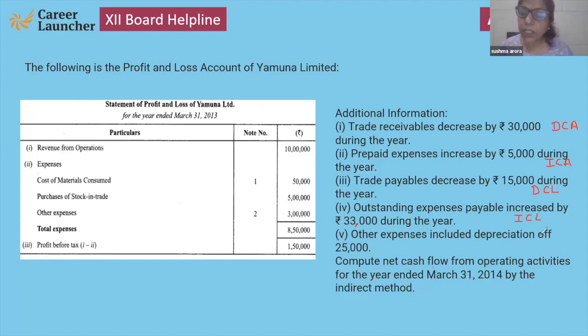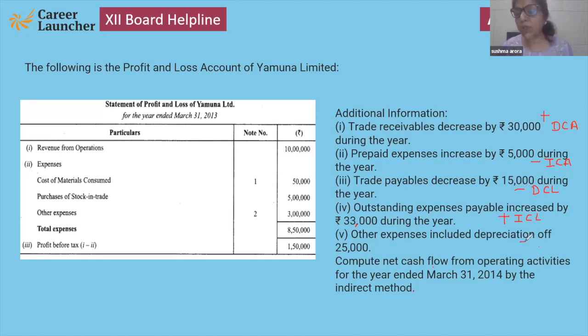Here depreciation written off is given. Just now I told you how to do this type of question. DCA should be added, ICL should be added, ICA should be subtracted, DCL should be subtracted.